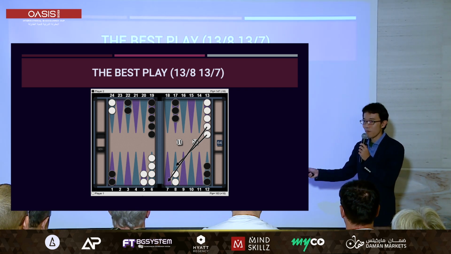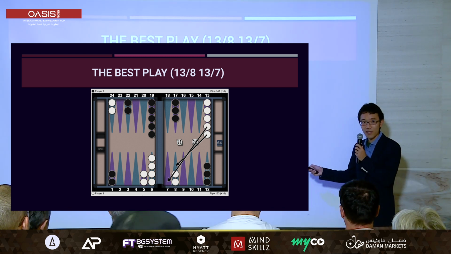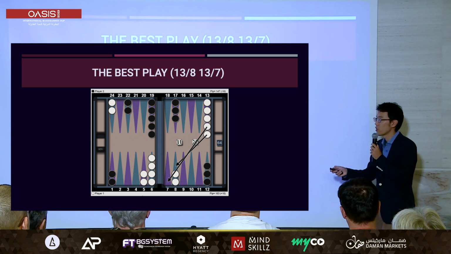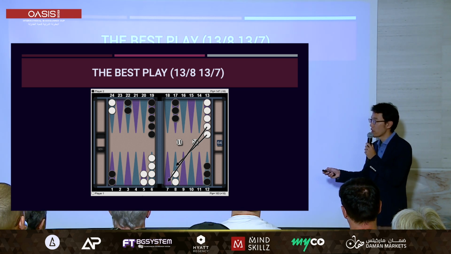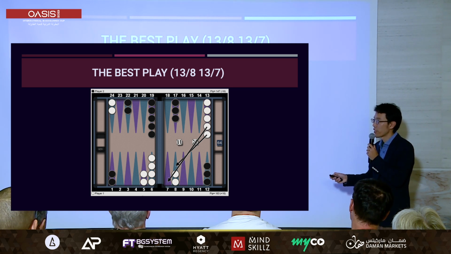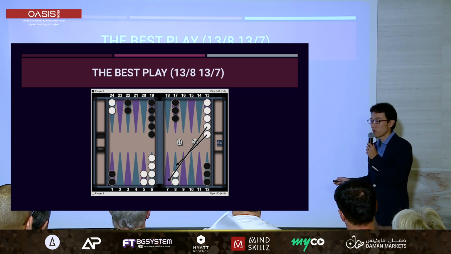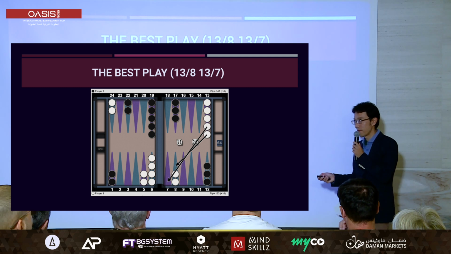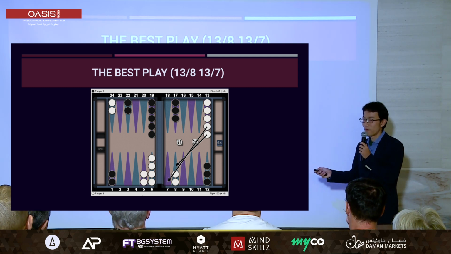And a typical mistake would be 6 and 5 run. But then you don't have an anchor anymore, and he has like 10 checkers in the zone: 1, 2, 3, 4, 5, 6, 7, 8, 9, 10 checkers in the zone. So he might attack you, like he might roll double 5, for example, or he might attack you later. So it doesn't make sense to help him by breaking the anchor.